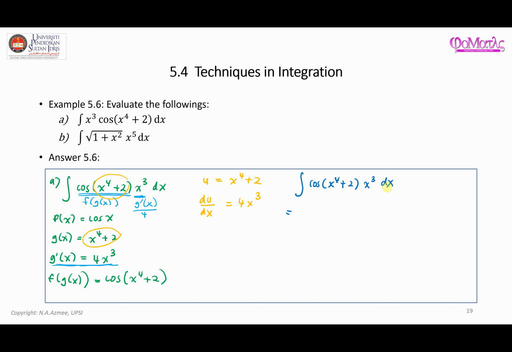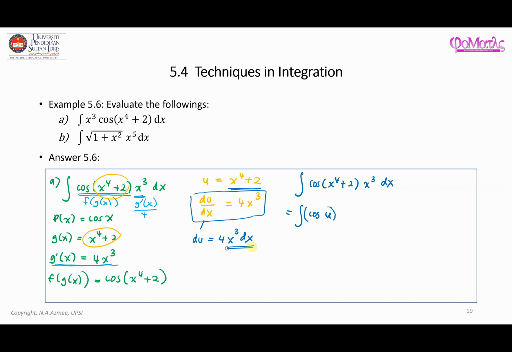And I'm going to replace these terms here accordingly. So this becomes cos, this becomes u. So cosine of u, and x to the power of 3 dx. You can see that based on this, du is equal to 4x to the power of 3 dx, and you want to replace x to the power of 3 dx.